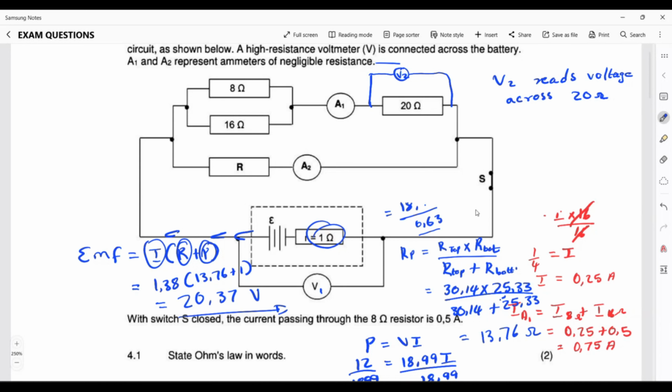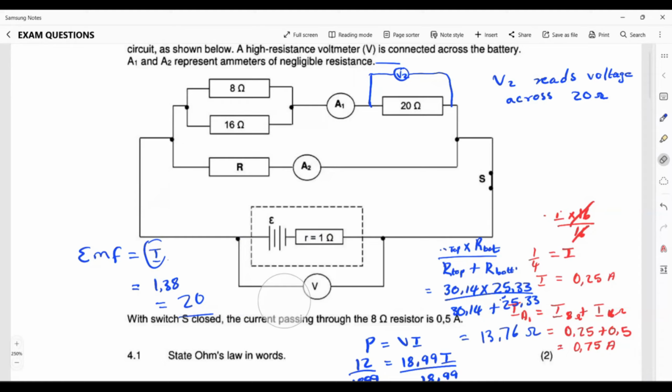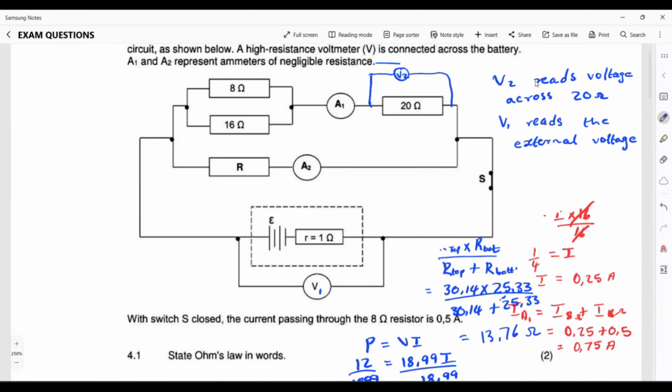But this one over here, which I said is my V1, it reads the external voltage, yes, external voltage. V2 reads a voltage across the 20 ohms.